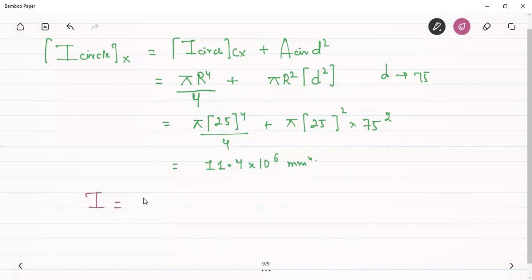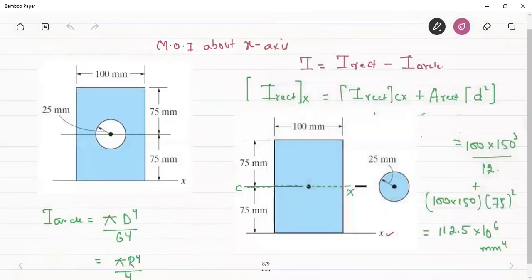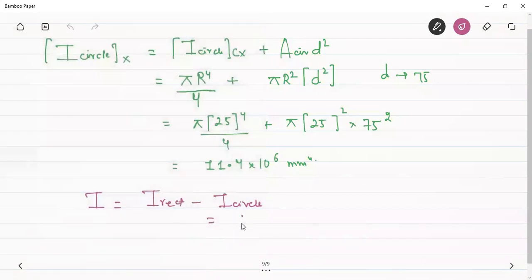Therefore, the net moment of inertia will be equal to I rectangle minus I circle. The previous result was 112.5 minus 11.4. 10 to the power 6 can be taken as common.